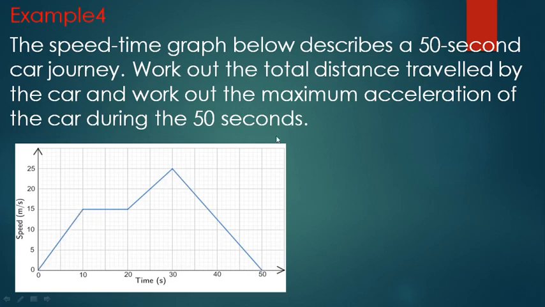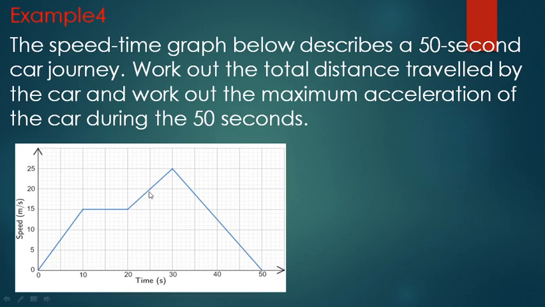And this answers the last part of our question, to find the maximum acceleration of the car during the 50 seconds. So to answer that, we'll find the acceleration at this part where it accelerated and this part where it accelerated. Then we compare the two accelerations to find the maximum acceleration.